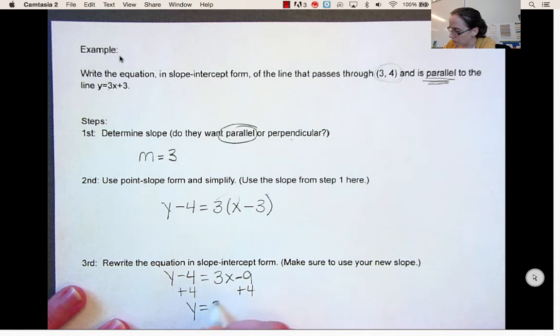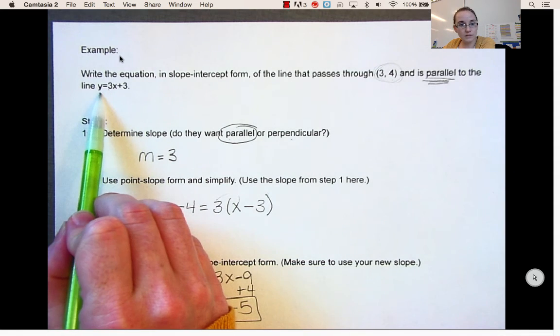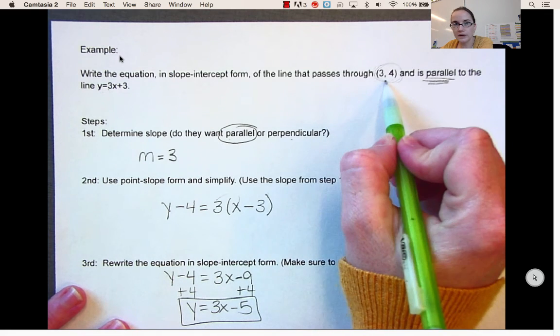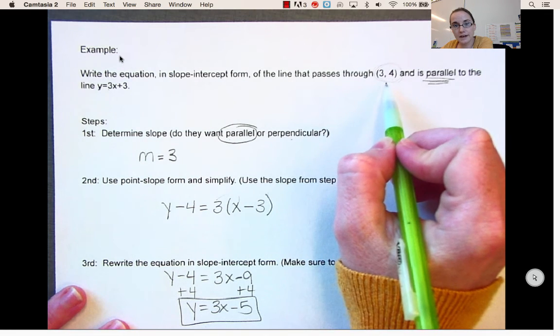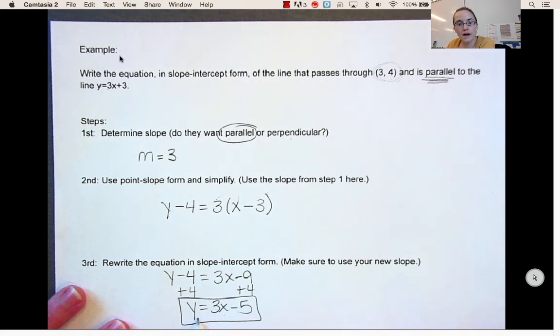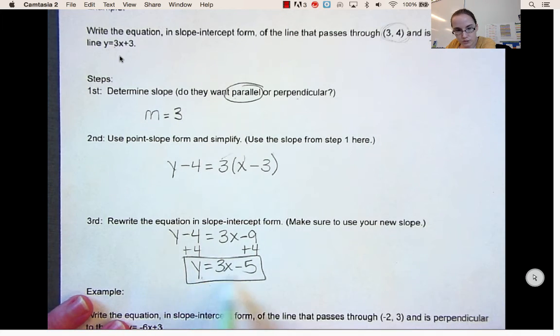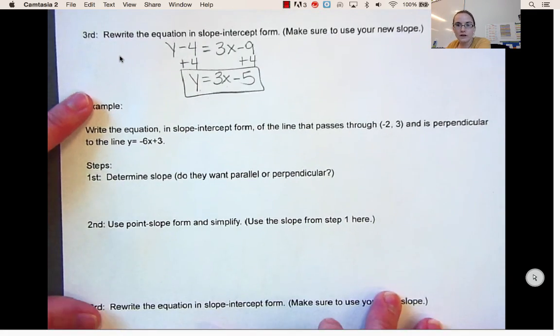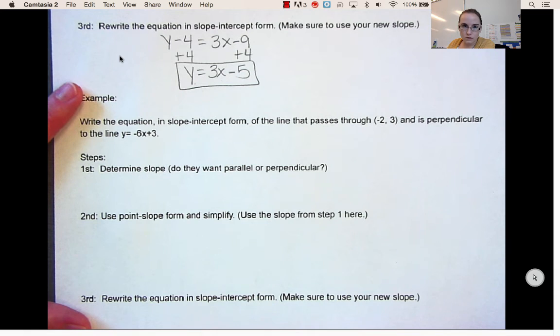Y equals 3x minus 5. That is your equation of the line that is parallel to the given line. This line also goes through this point, which means the point should be on the line. If I plugged in the x and the y value down here for x and y, I would get a true statement.